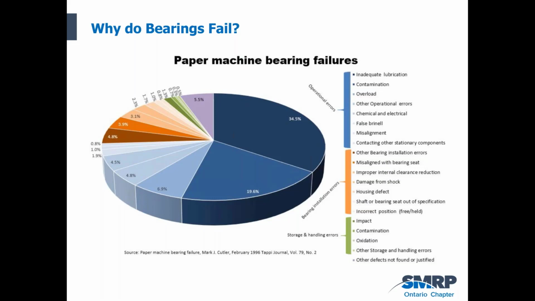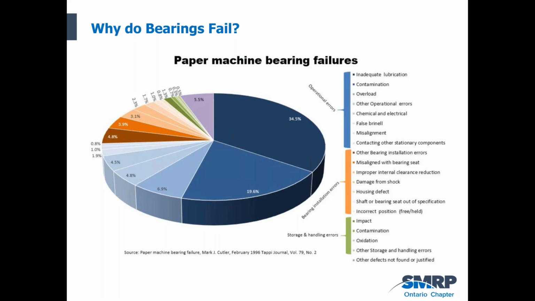But to set the scene here, this is a study that was published back in 1996. It was conducted by SKF, and it's probably the most comprehensive review of bearing failure data from the field. As you can see from the pie chart, there are many different reasons why bearings fail, from installation issues, alignment issues, even issues related to how we store and handle the bearing before we even put it into service.